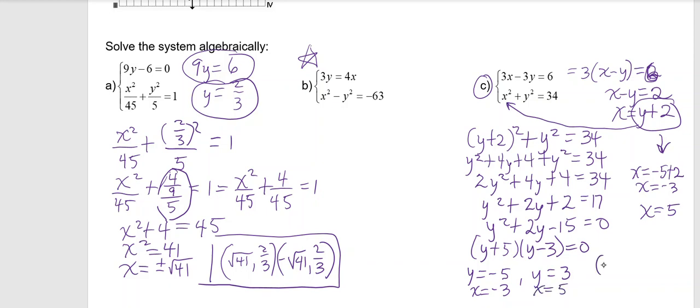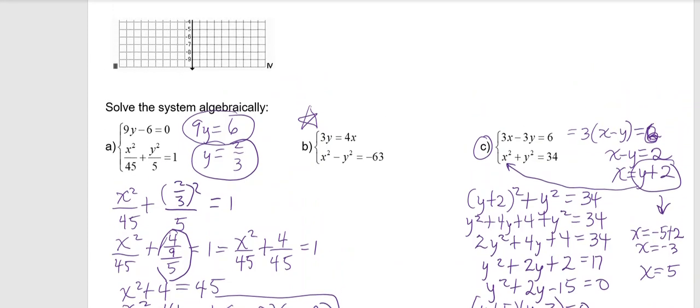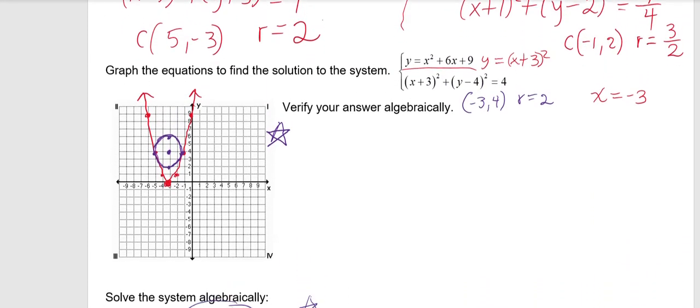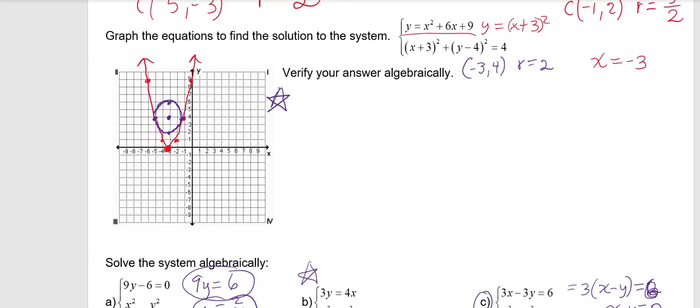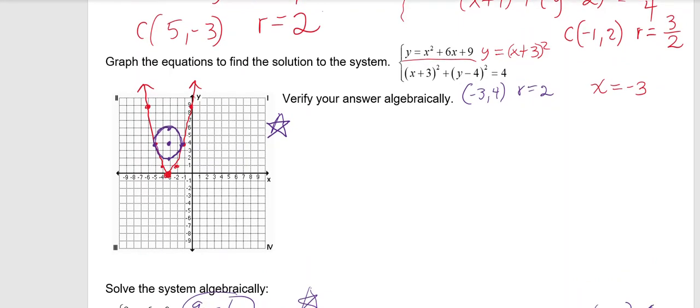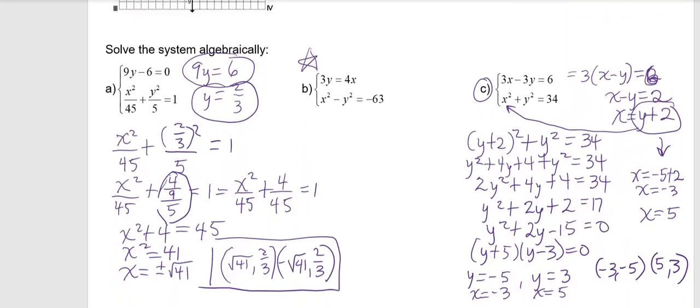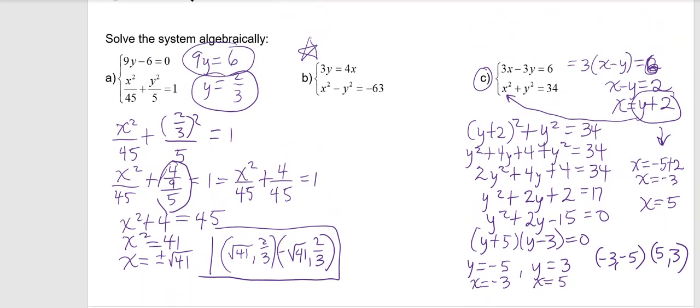So here are my solutions: (negative 3, negative 5) and (5, 3). If you were to graph that circle and that line, those are the 2 points where they would intersect. One more time, after you stop the video, go up here and verify your answer for the parabola and the circle, and you're going to do B, and I'll give you those answers in class next time.